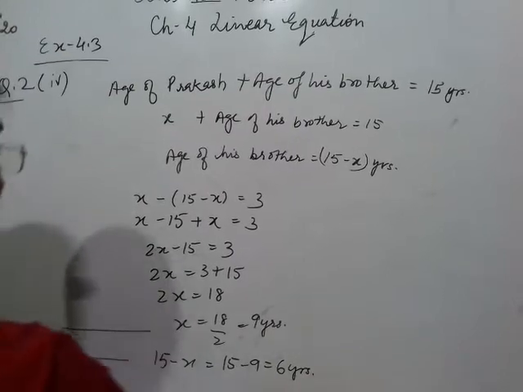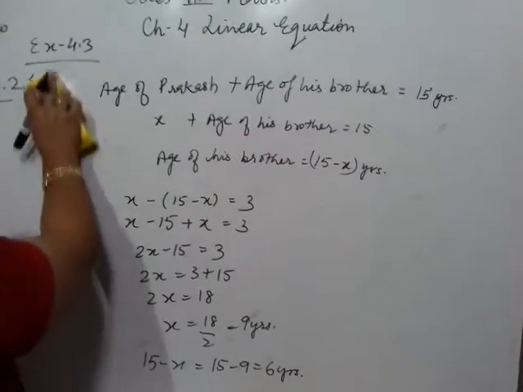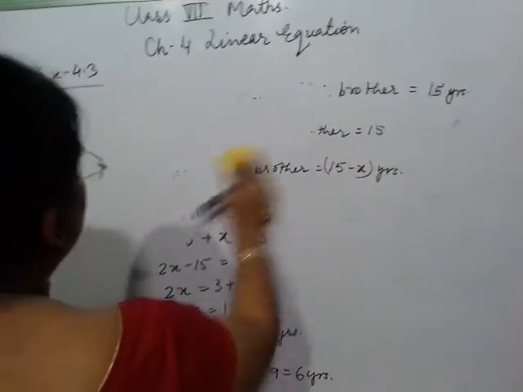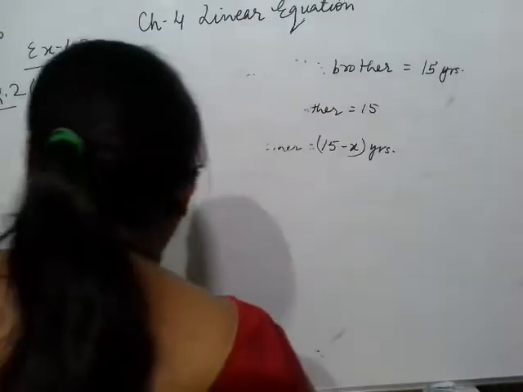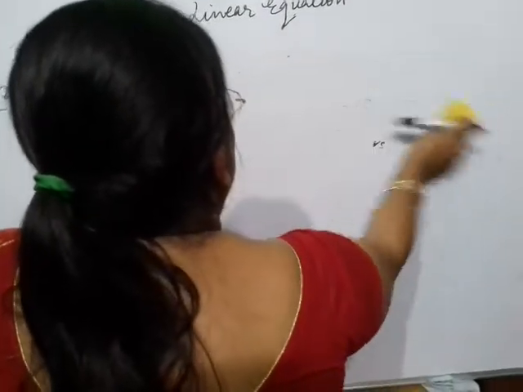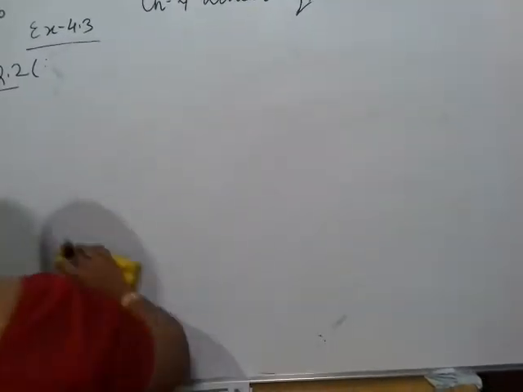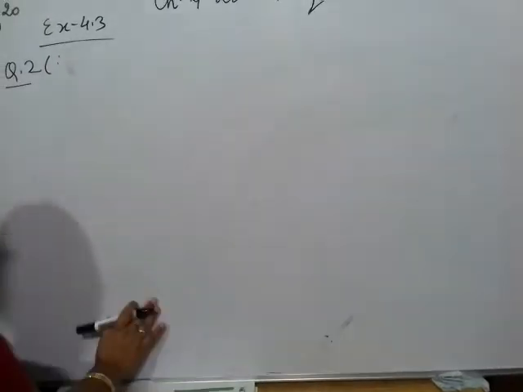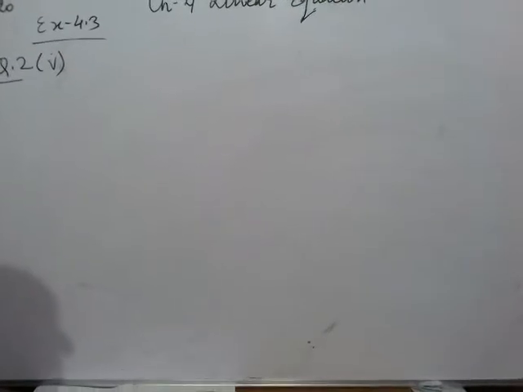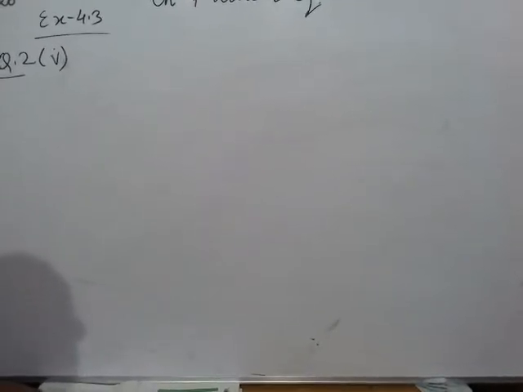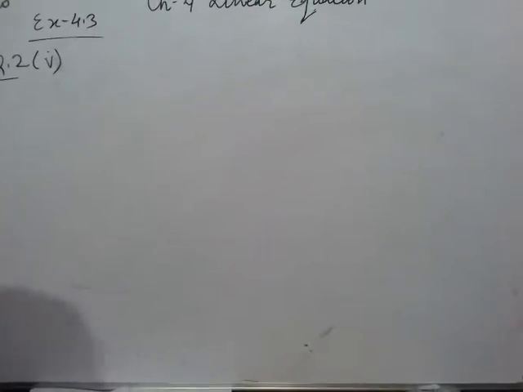After that, the question number 5. In 34 years, John will be 3 times as old as he is now.